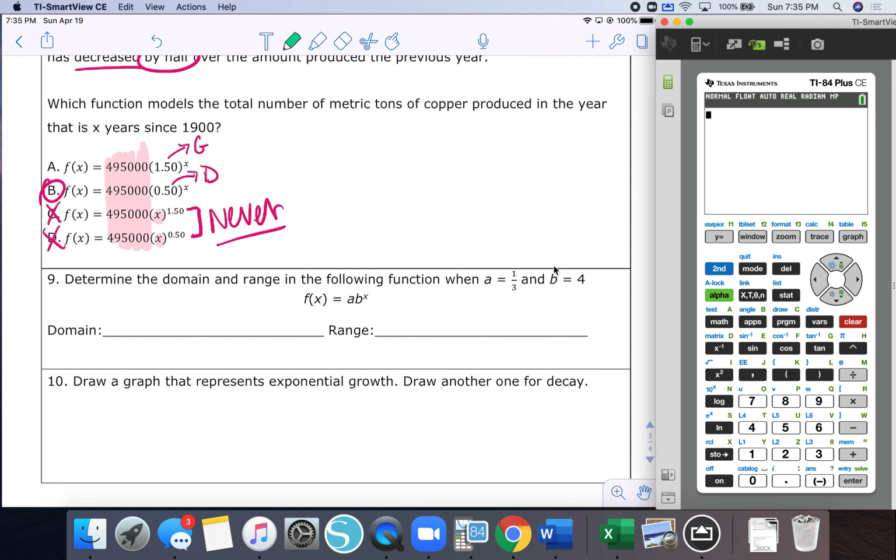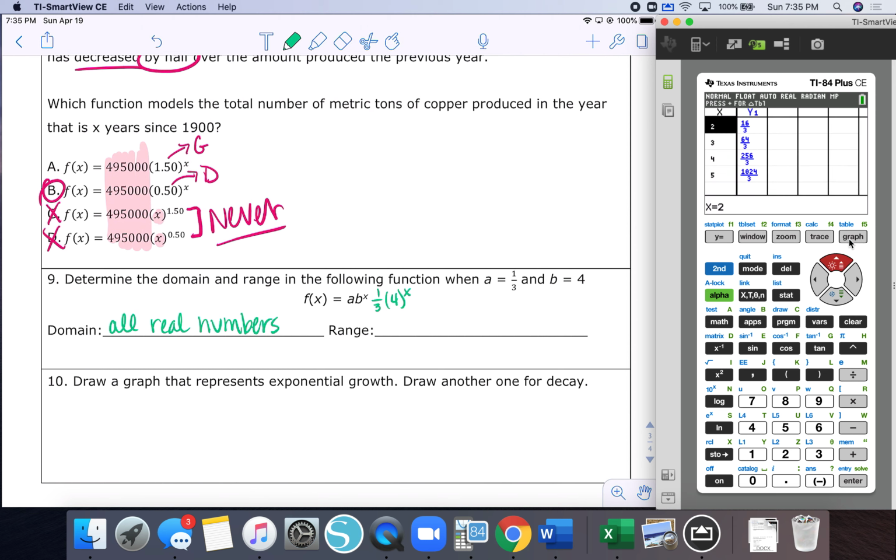2 last problems for you. Number 9, determine the domain and range of the function if A is 1/3 and B is 4. So we have 1/3 times 4 raised to the x. Remember, my domain is always all real numbers or infinitely many. For the range, I'm going to plug it into y equals and take a look so you can follow along with me. I'm going to take a look at my graph.